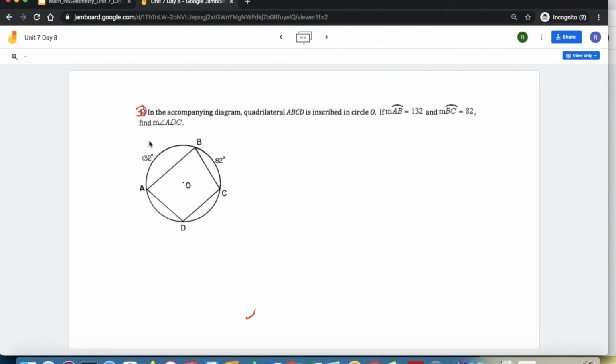What we should notice here is that our inscribed angle intercepts arc ABC, and for our purposes, we're going to have to add these two numbers, 132 and 82, to figure out what our inscribed angle is. So let's write that out. We have angle ADC is going to be equal to 1/2 the arc it intercepts, which is ABC.